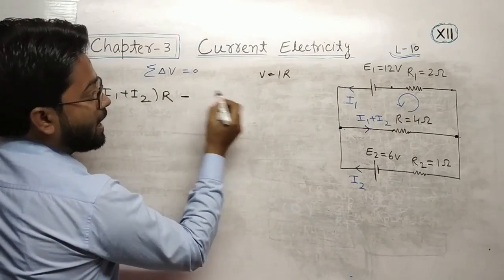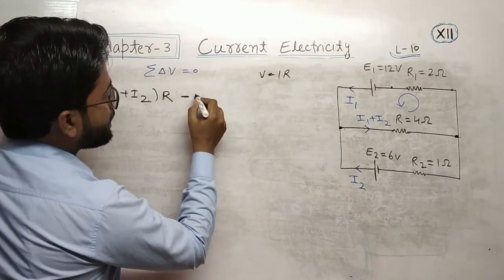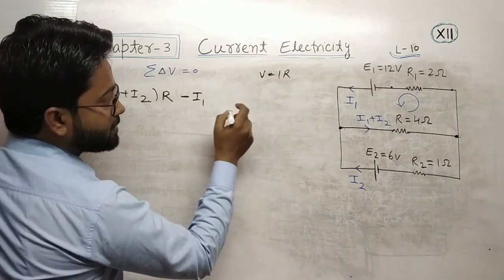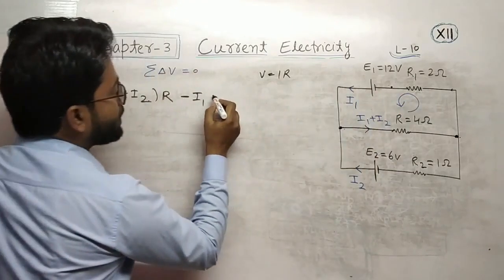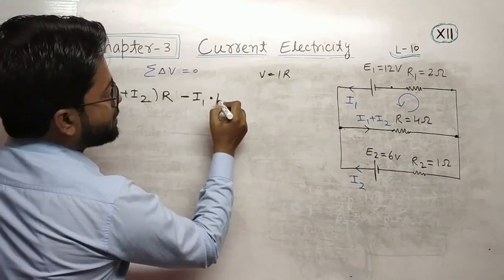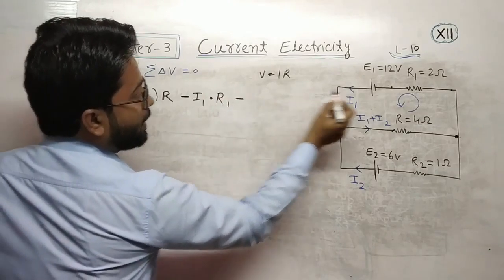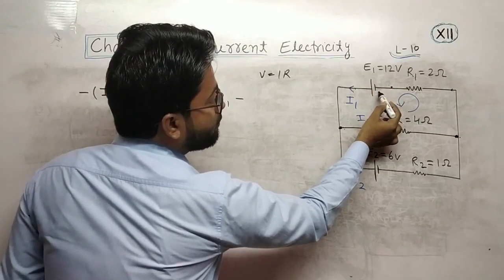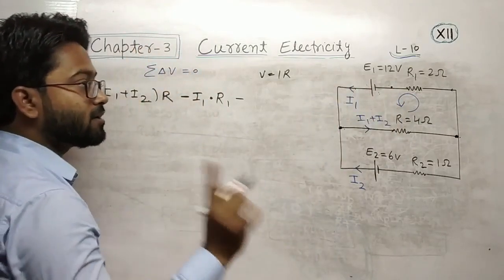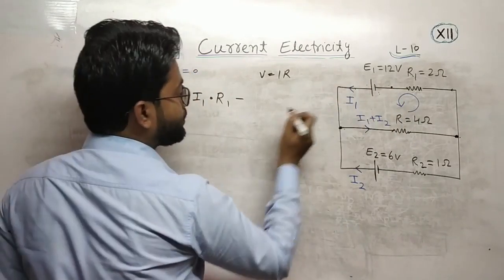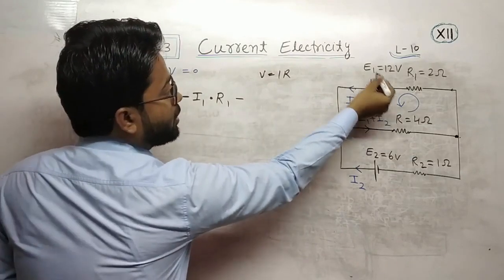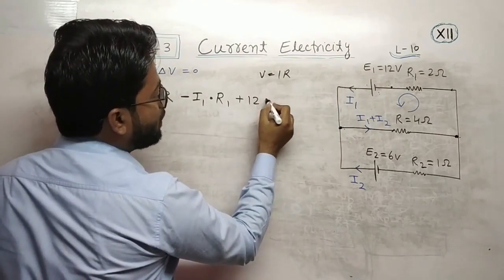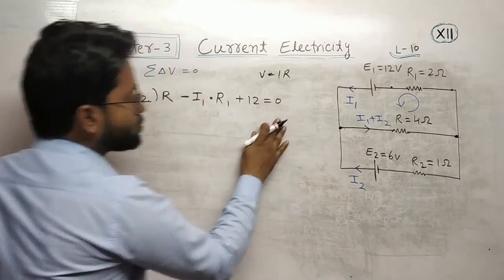The net current is I1 in this branch, and the resistance is R1. And if you go from this point to this point, we are going from lower potential to higher potential, irrespective of the motion of the current. That will be a potential up, so this will be positive 12 volt, that is equal to 0.